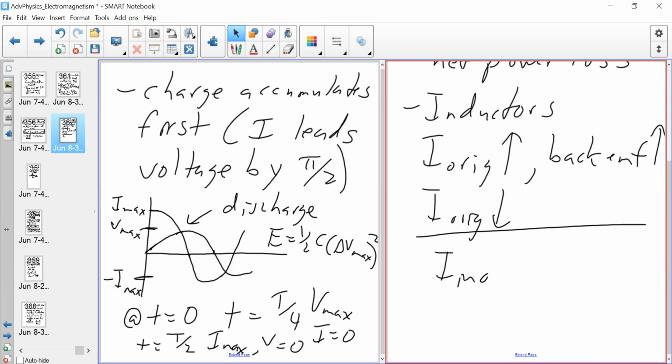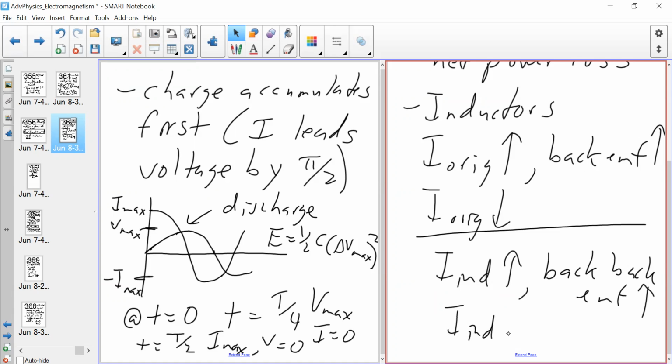As the induced current increases, we're going to basically get, for lack of a better description, a back EMF. It's going to basically be the original direction of the EMF of the circuit, and it's going to resist this increasing back EMF. This is going to go up, and this induced current is going to go down, and then this original current is going to increase as a result of this back EMF. It's going to basically come back here.